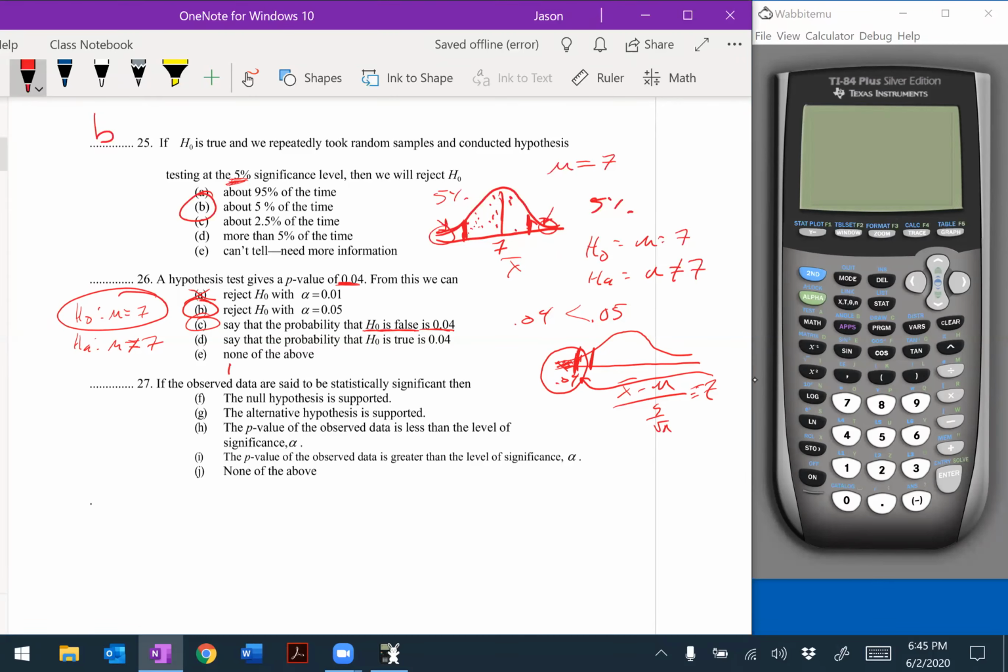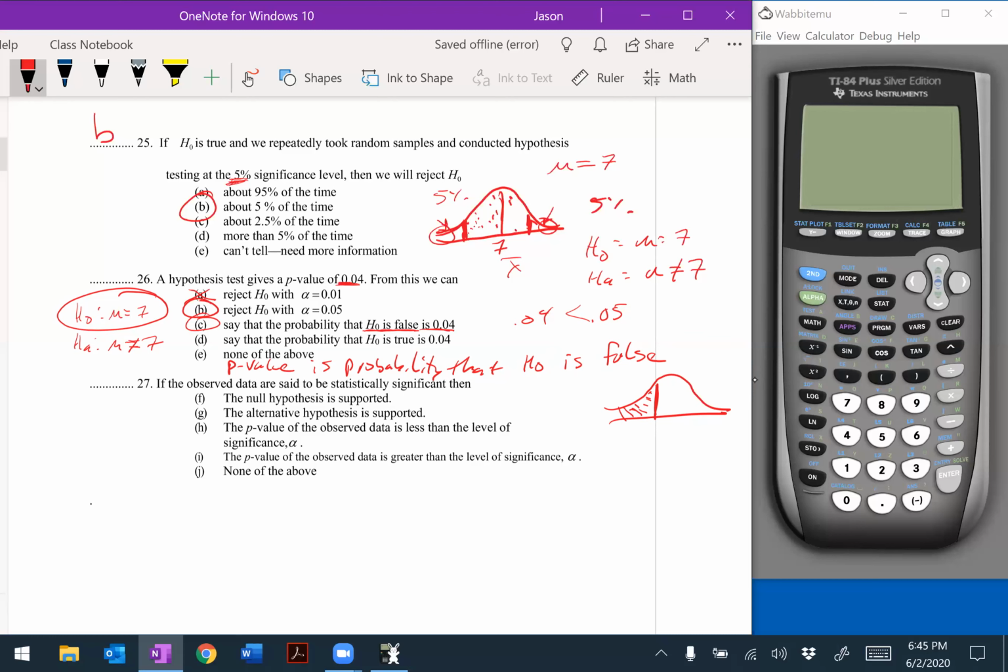The p-value is the probability that H0 is false, which again means that if we have a large p-value, we do not reject, because that's a high probability that it's false.